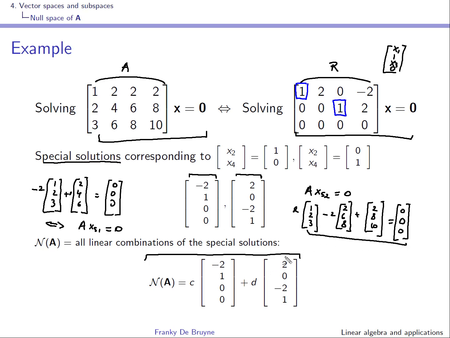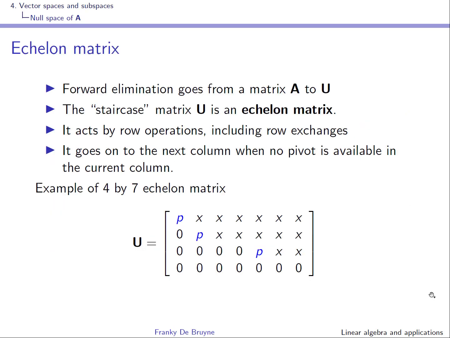When you do this kind of exercise, verify that A times a special solution is indeed the 0 vector. By doing forward elimination or Gauss elimination, you go from the matrix A to the matrix U, which is the staircase matrix, the echelon matrix.